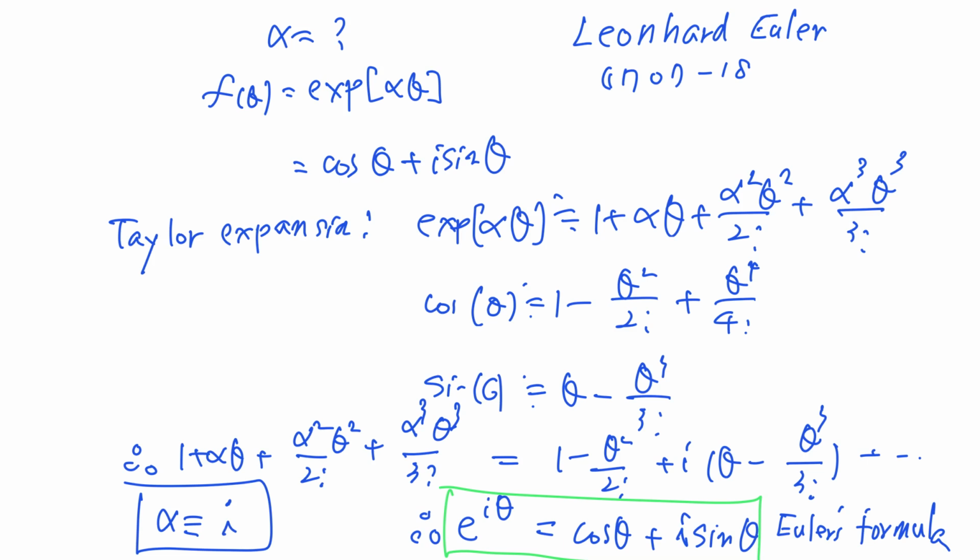He was a Swiss mathematician. In Korean history, I think it's about the Yeongjo to Jeongjo era. So Euler is a mathematician of the Yeongjo and Jeongjo era.